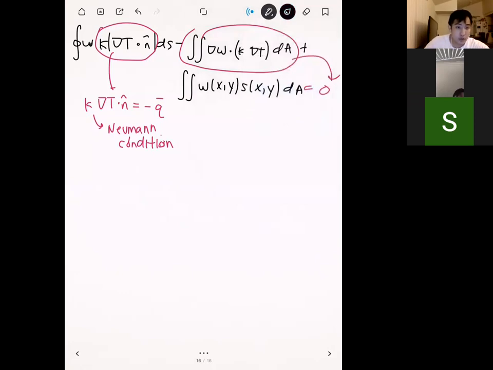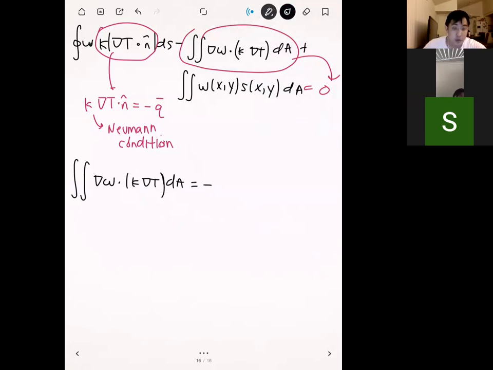And so if we do that, we are left with the following. We have the double integral of gradient of w dot product with k gradient of t dA. This is the boundary derivative term that I moved to the other side of the equation.